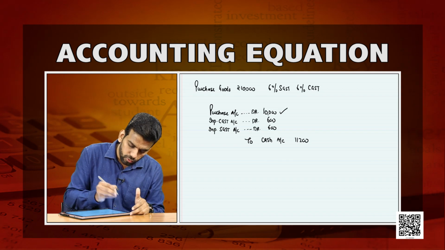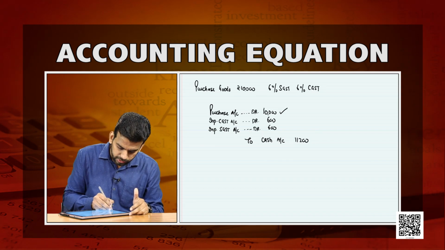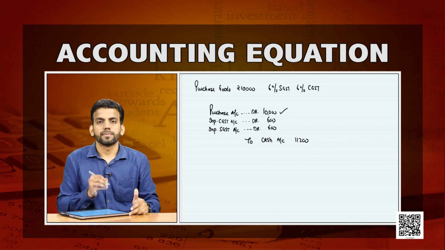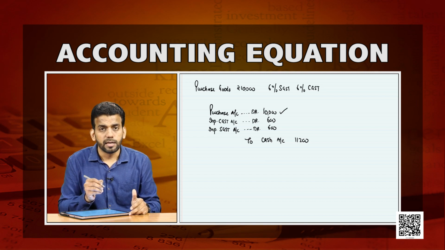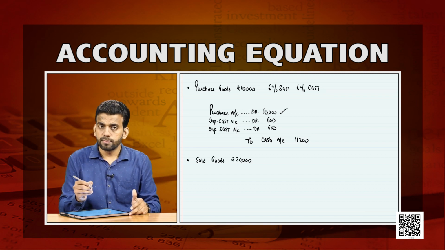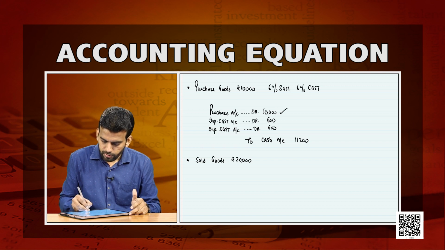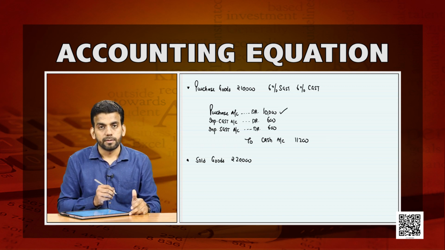Clear? Now, when it comes to selling goods, let's say we sold goods for 20,000. And what did we learn in our rules? If sold goods is there, then what is the very sure thing? That sales would be credited. We will do the same treatment here.